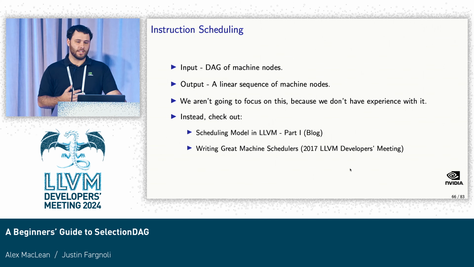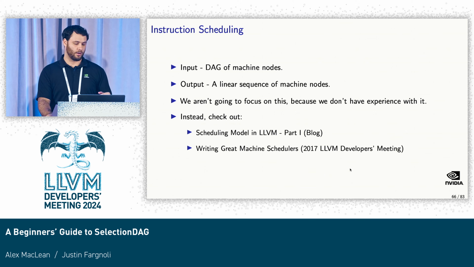In the case of PTX, the code we generate is the input to another compiler that actually schedules the instructions that are run in the chip. As a result, for the NVPTX backend, we don't rely heavily on this. Since we don't work with it, we don't really know what we're talking about, so we aren't going to tell you about it. Instead, check out this blog post and this developer meeting talk if you're interested in learning more.